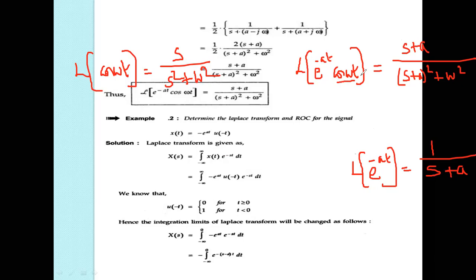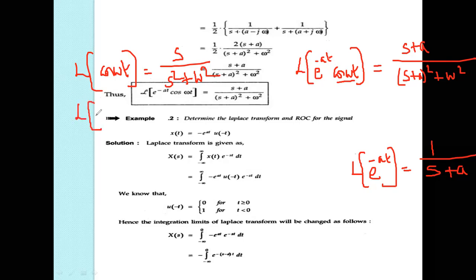The Laplace transformation of cos omega t alone is s by s square plus omega square. To find the Laplace transformation of e power minus at cos omega t, wherever the s is there, you change it to s plus a, giving s plus a by s plus a whole square plus omega square.